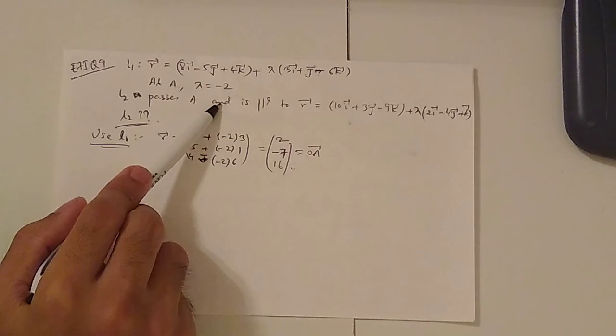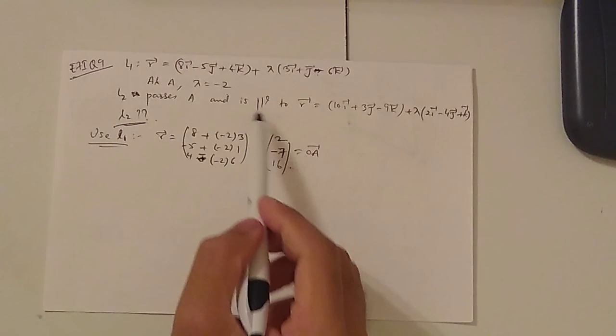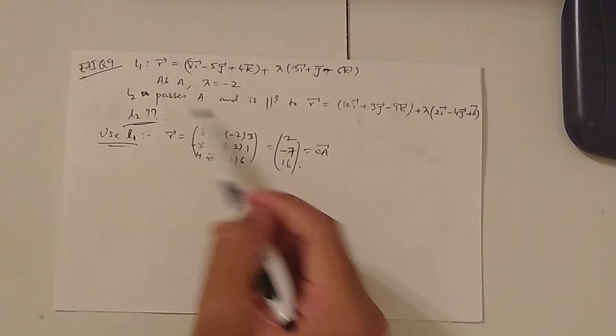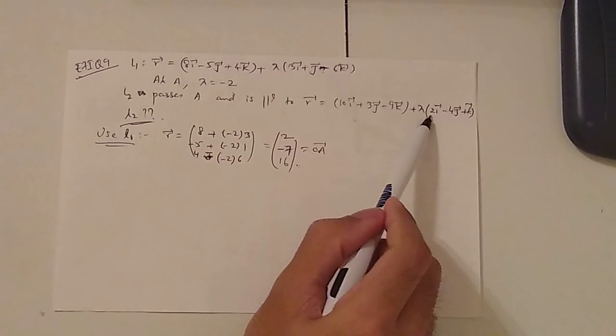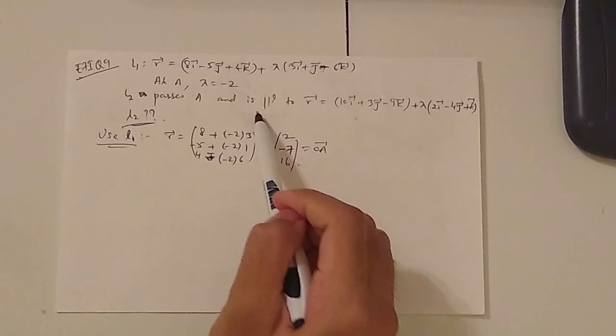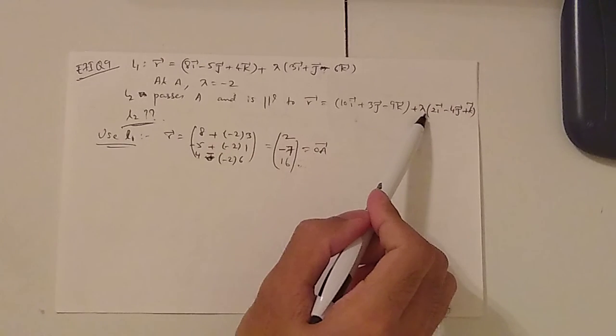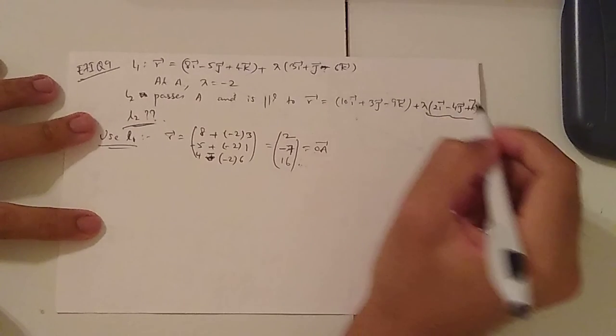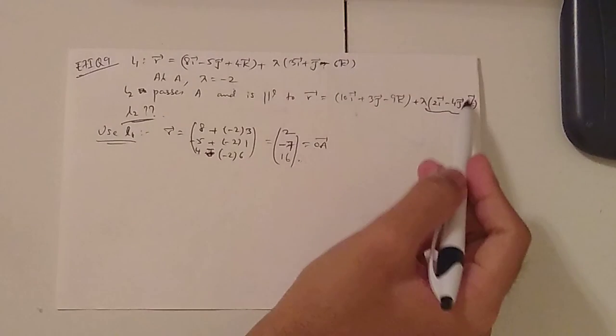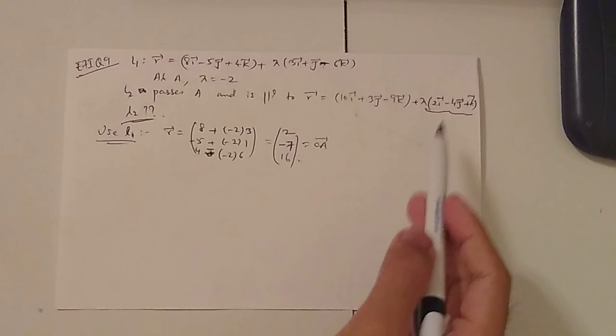Therefore we have our fixed vector on the line, and we need to now get the direction vector. Now the direction vector is found from this particular line. It says that L2 is parallel to this particular line. Since L2 is parallel to this line, it means that both of them have the same direction vectors. In other words, our direction vector is simply this, or a scalar multiple of this. It does not make a difference.